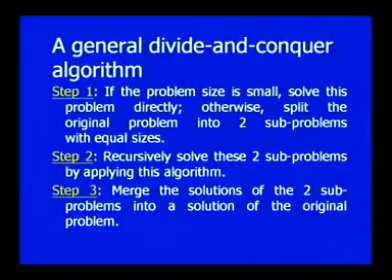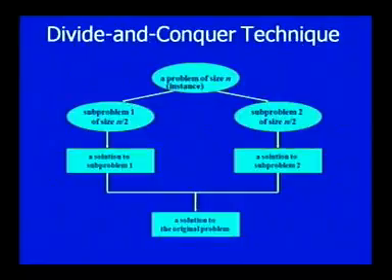Then recursively you solve these sub problems by using the same algorithm, and you merge the solutions of the sub problems to get the solution of your original problem. This is how the block diagram of divide and conquer will look. You can see there are 2 steps involved.